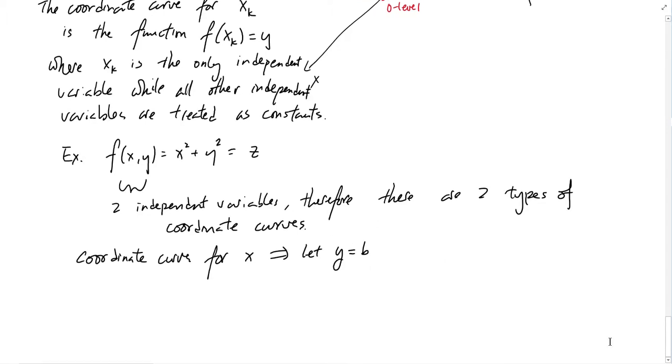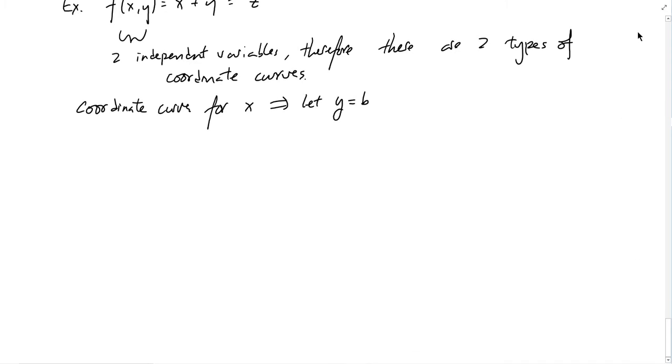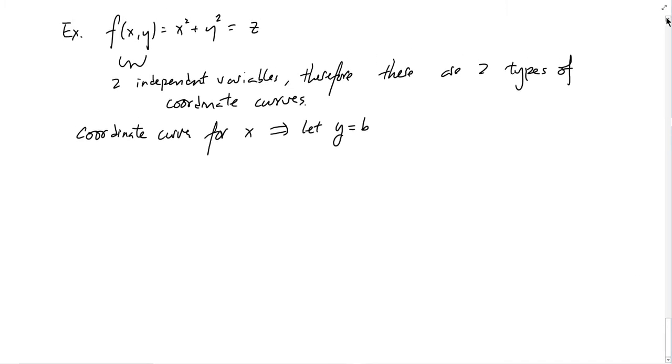All we need to know is that y is not changing, it is a constant. So it will now change my function to become f of x, b, which is equal to x squared plus b squared equals z. And so now that forms what we call the coordinate curve. Now, several things about this coordinate curve are interesting that I want to point out.